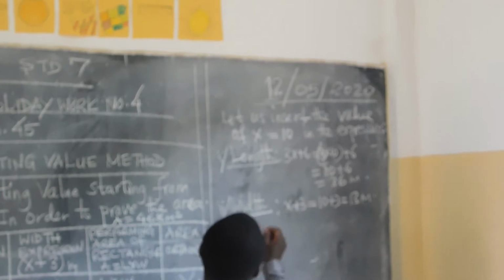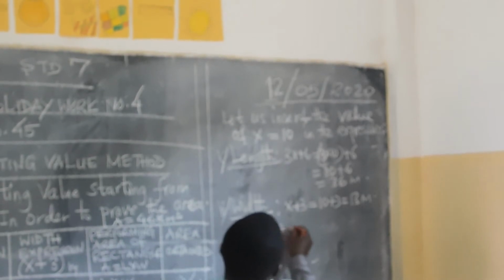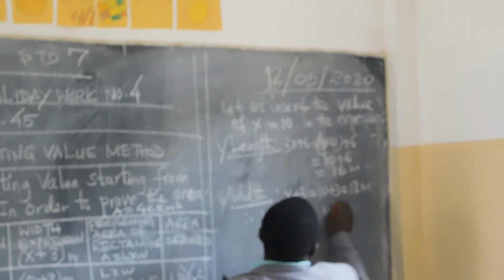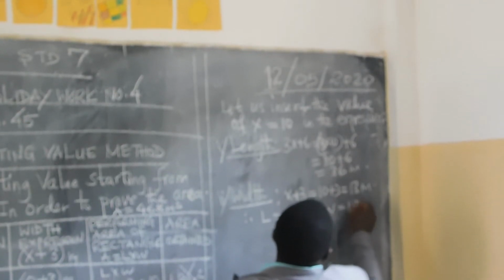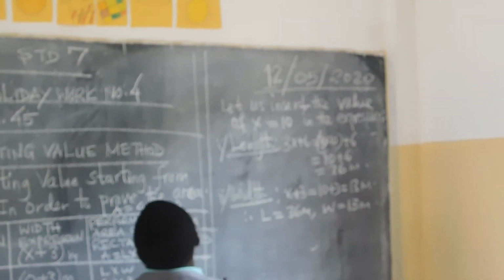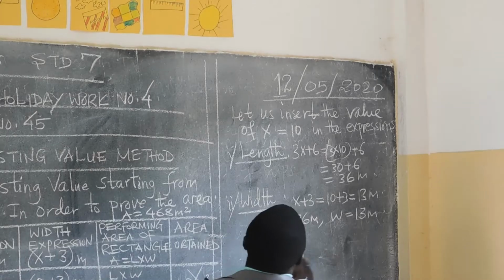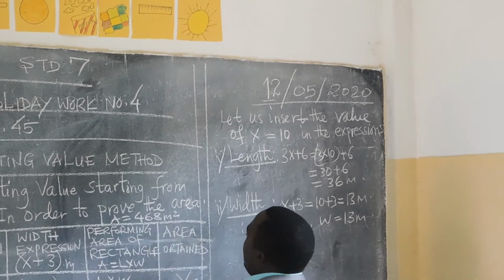Therefore, length is 36 meters, while width is equal to 13 meters. We are asked for the perimeter of the rectangle while the area was given.